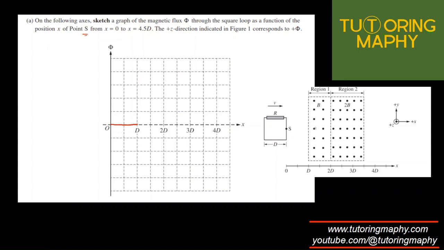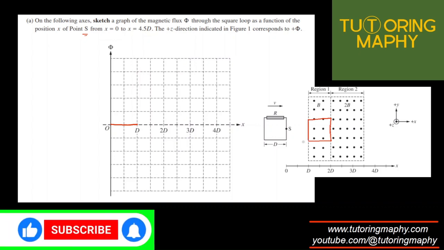Then the moment it enters D and goes to 2D, the loop will be progressively entering the region. In this case, the flux linearly increases. Why am I saying that? Because flux is B dot A. B is B, whatever that is.